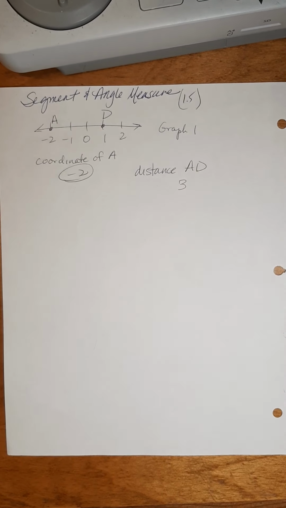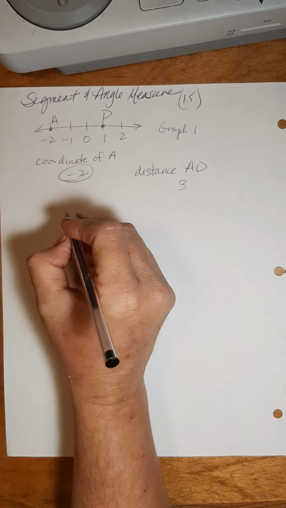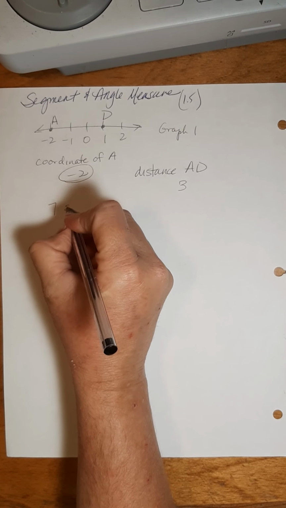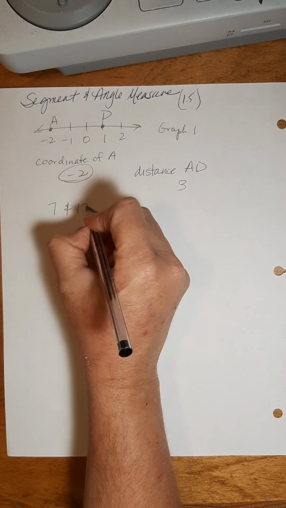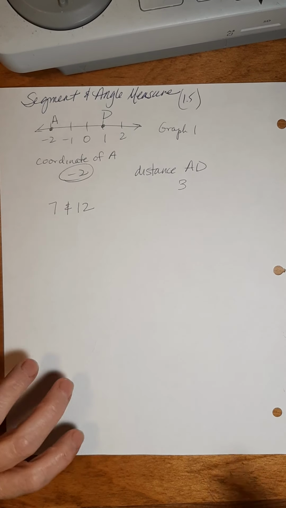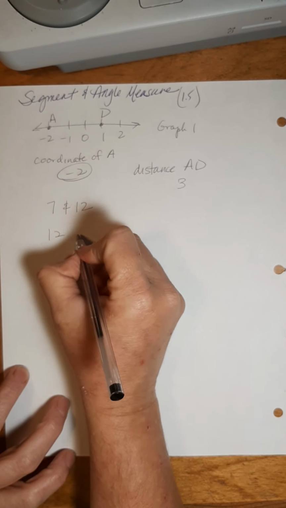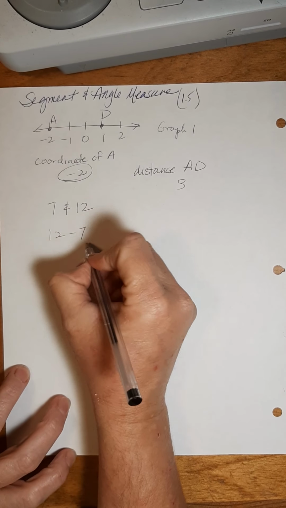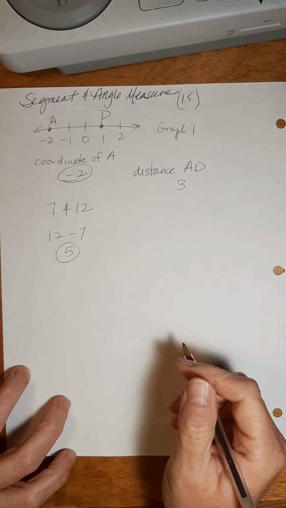The distance is 3. If they give you the numbers, like the distance between 7 and 12, all you have to do is subtract high minus low, or bigger minus smaller. So 12 minus 7, 5.